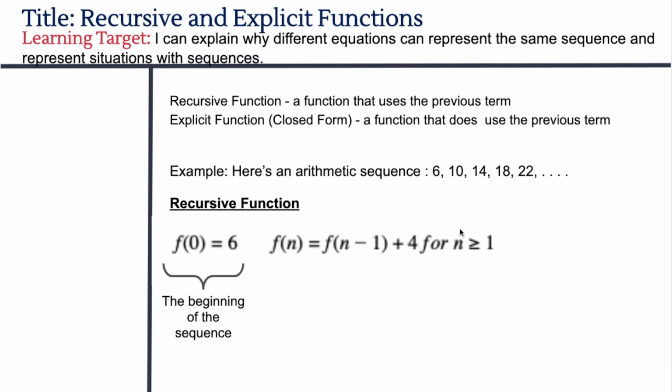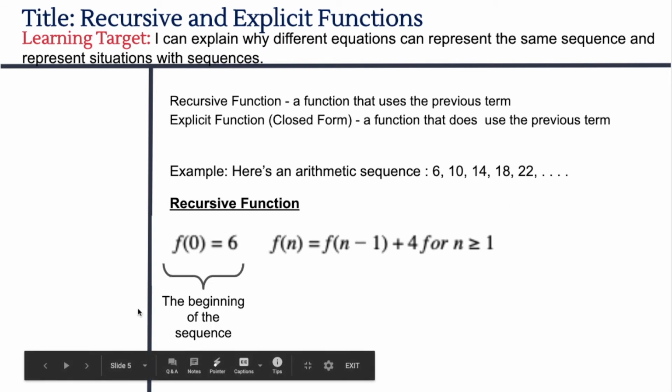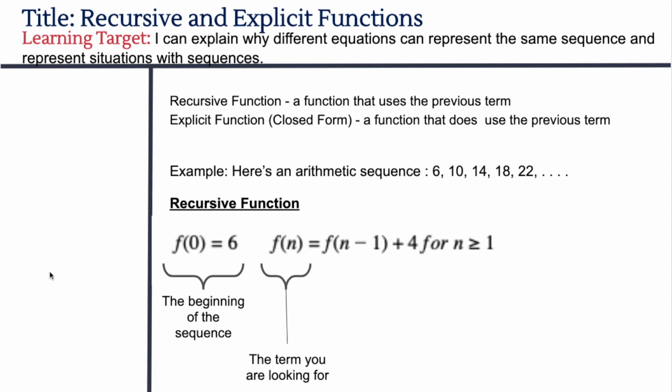Just so we're clear, this is the beginning of the sequence. This is where our sequence starts. This is the term I'm looking for, also the function that I'm trying to write. So if I wanted to find f of, let's say, 5 in this case, I'd go 0, 1, 2, 3, 4, 5. I'm looking for this next term, right?